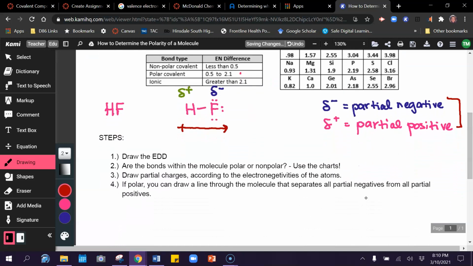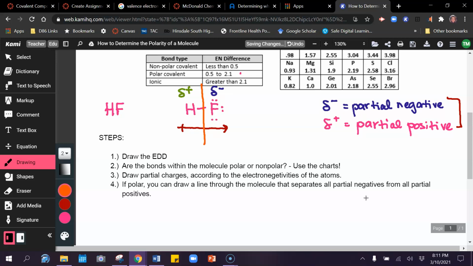All right, so number 4 says, if polar, you can draw a line through the molecule that separates all partial negatives from all partial positives. Well, if we take a look at our hydrogen fluoride molecule that I drew up at the top here, I can separate my partial positive from my partial negative by drawing a line right through the center of my molecule.